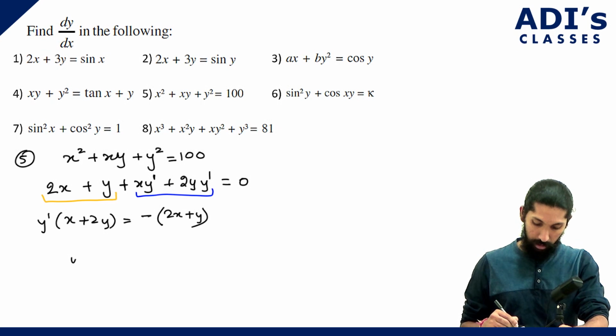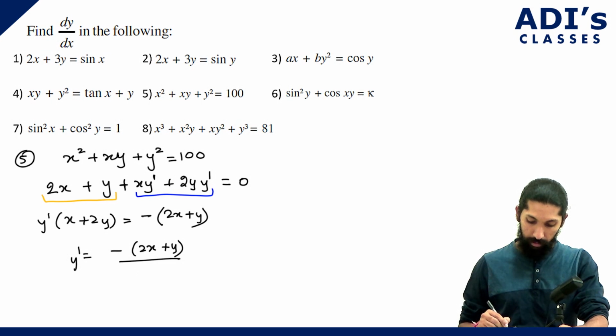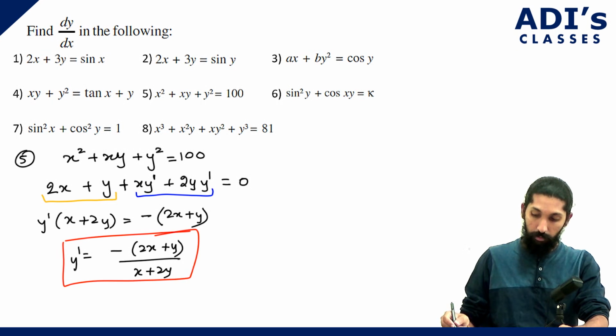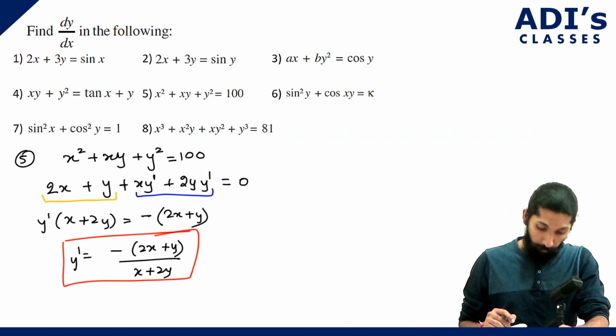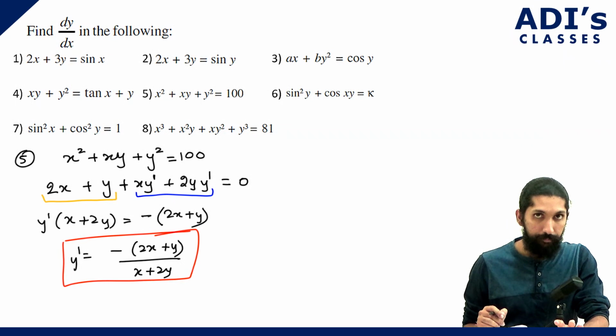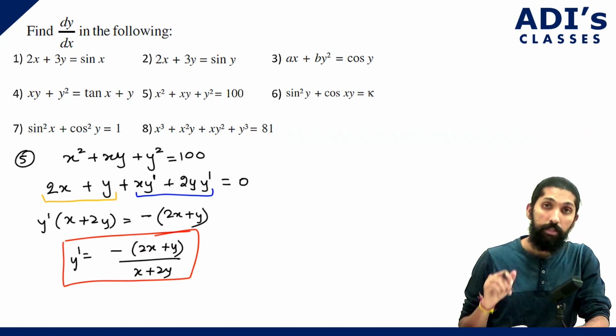So what is y dash? Minus of 2x plus y divided by x plus 2y. So this is going to give me the answer for the y dash, or the derivative, for the fifth question. Clear? Let's do the sixth one now.